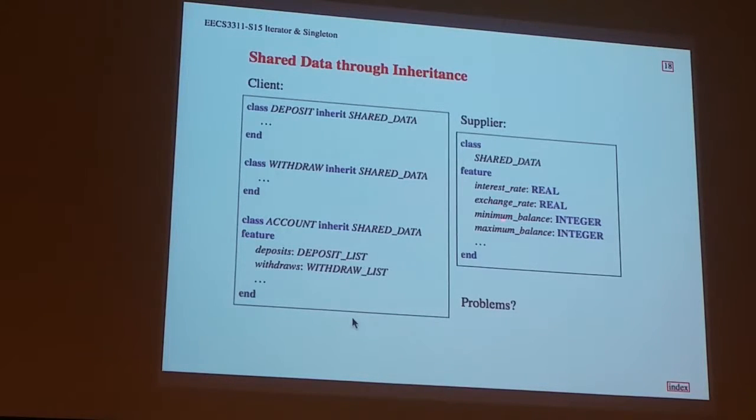You only care about the minimum balance and maximum balance. So you're inheriting something that's irrelevant to your current class. On the other hand, for the account, you only care about the interest rate and the exchange rate. And again, you're inheriting something that's irrelevant to your current class.